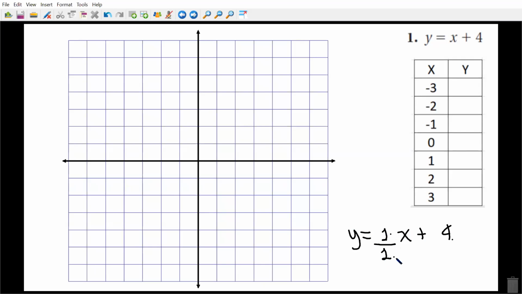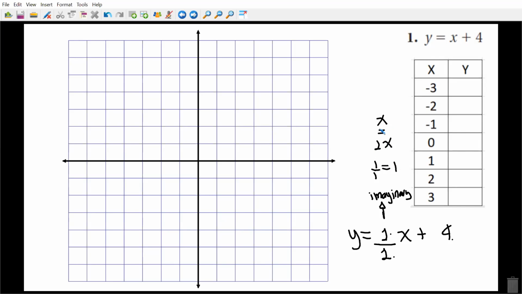How much is 1 times x? X. So the slope is an imaginary 1 divided by 1, because 1 divided by 1 is 1, and 1 times x equals x.